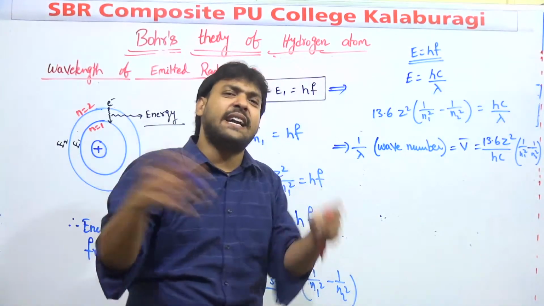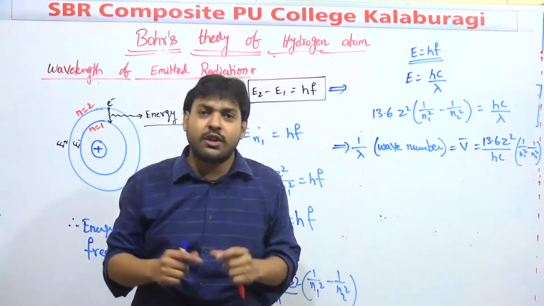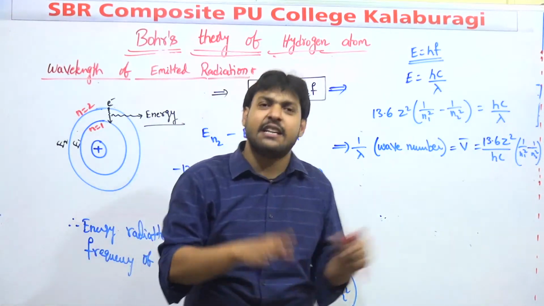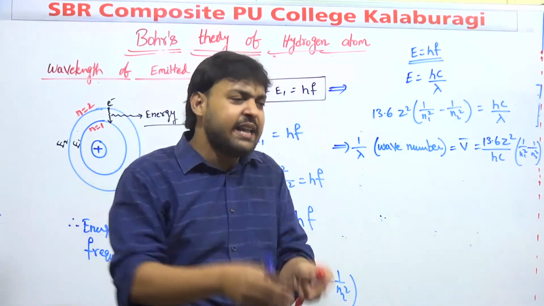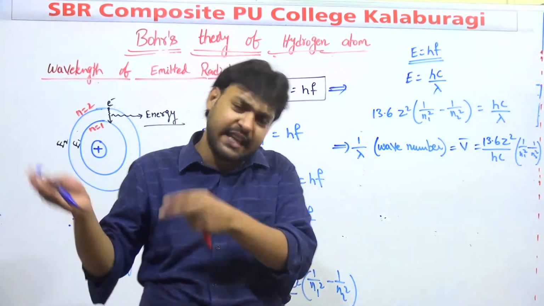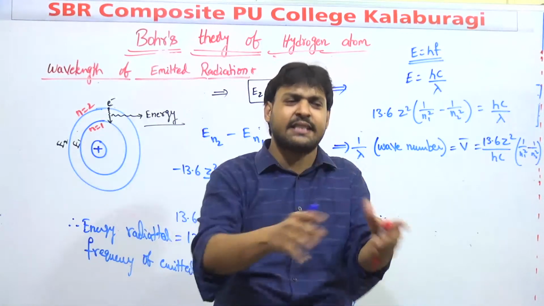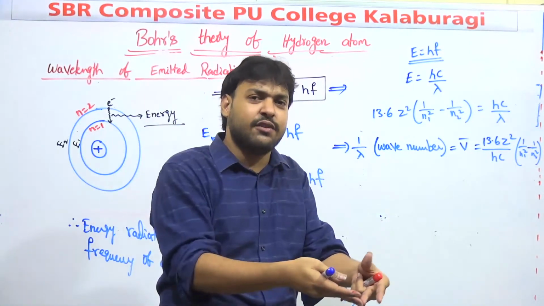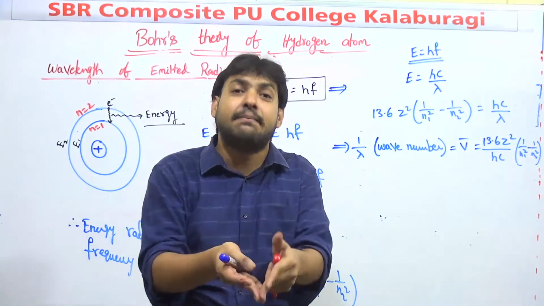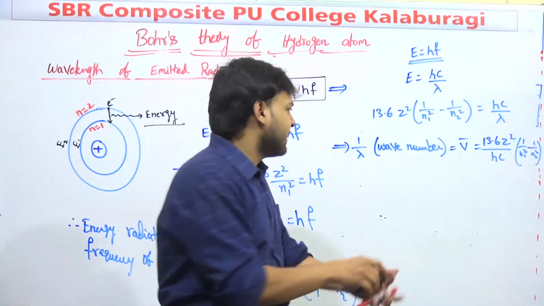Here one more scientist entered. Try to understand the story. He was doing the relevant experiments and got some value, based on the radius, velocity and so on. The scientist's name is Rydberg.